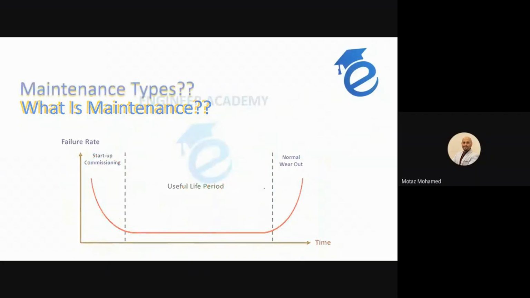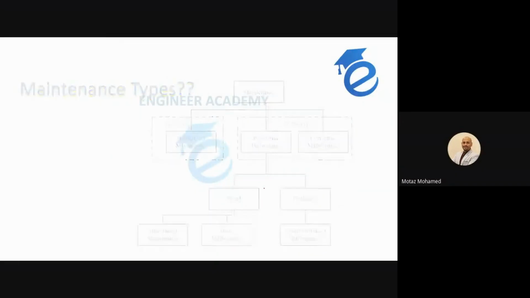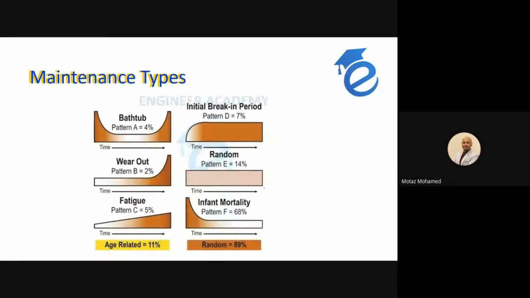The actual case is that not all equipment fails due to its lifetime, but failures are divided into age-related failure and random failure. Equipment failing due to age-related failure is only about 11%. But most of the equipment, almost 90%, fails randomly.